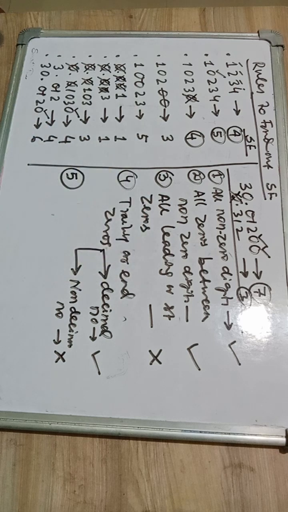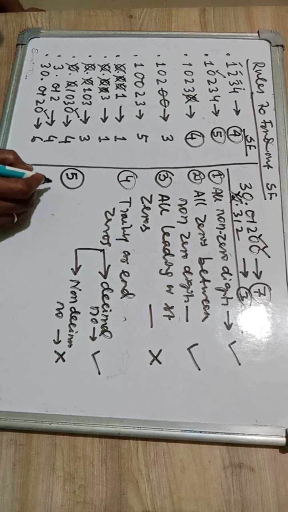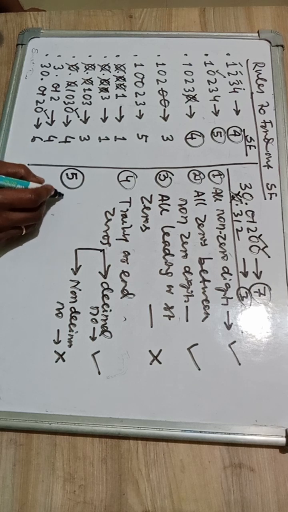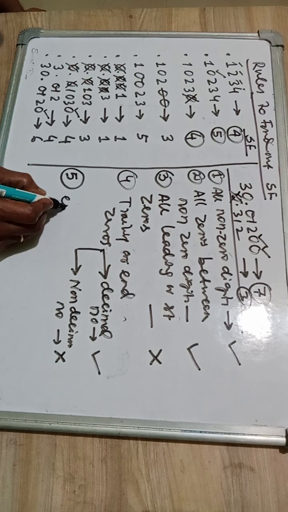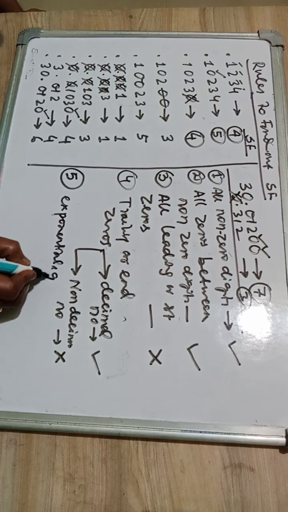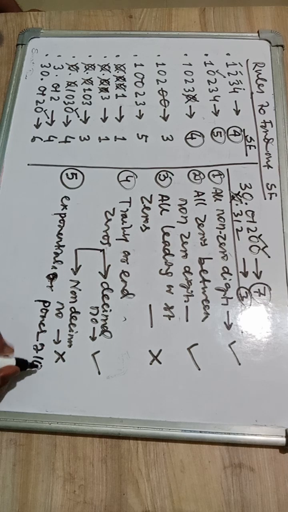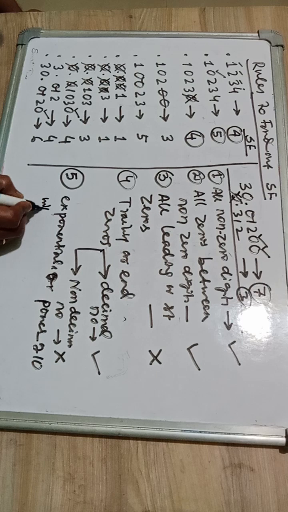Rule fifth says exponential term, or power of 10, will contribute nil.